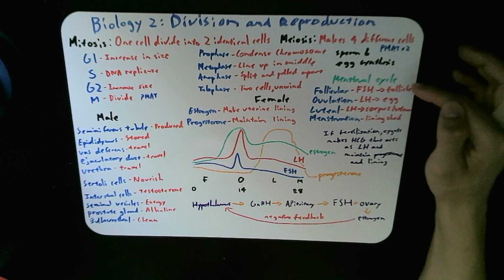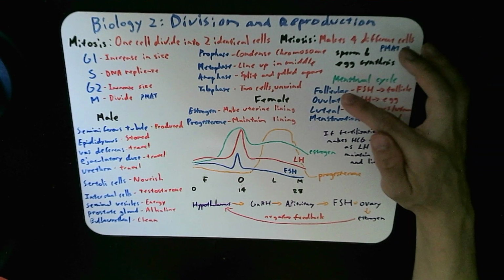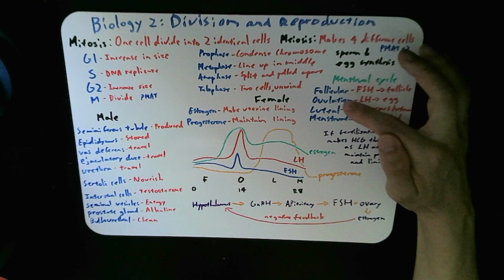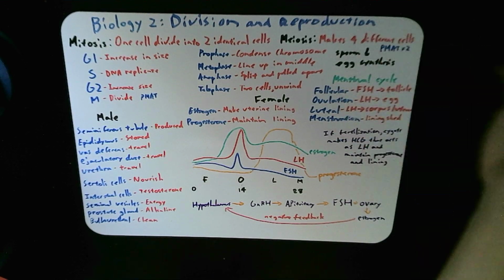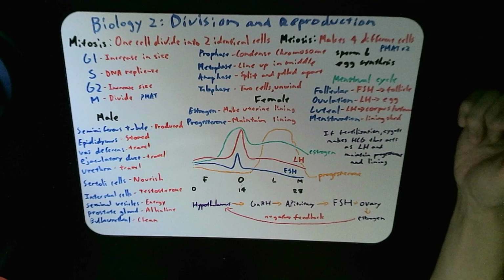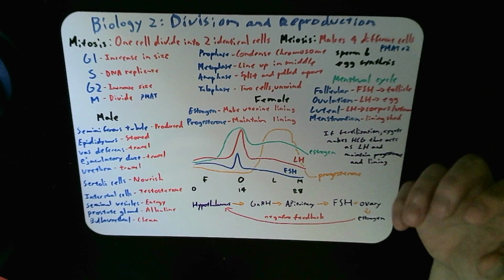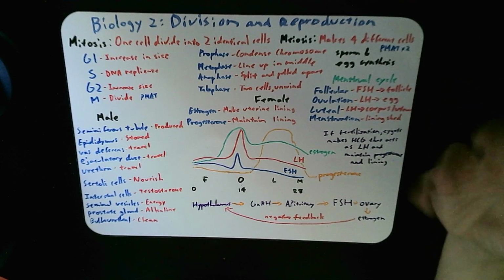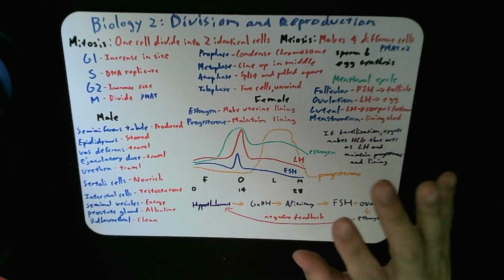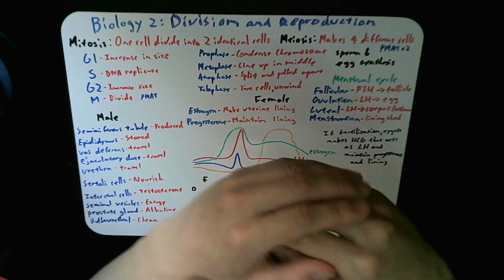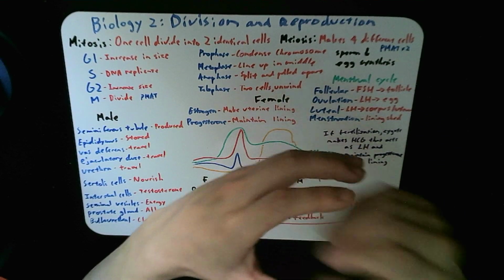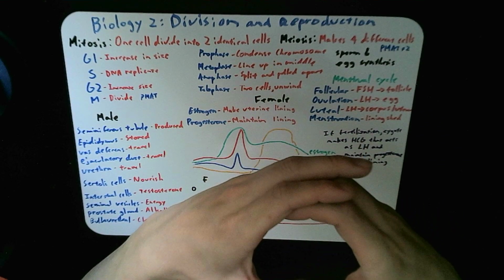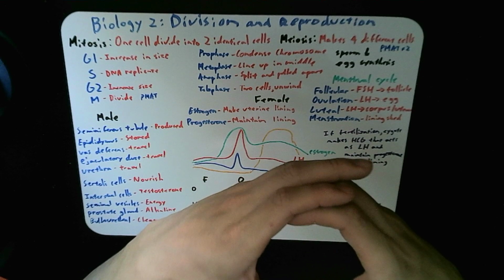So in female, we have the menstrual cycle from follicular phase, ovulation phase, luteal, and menstruation phase. In follicular phase, the ovary is stimulated by the follicular stimulating hormone, and it stimulates the formation of a follicle. So what that means is it forms a little bump and allows the egg to mature to metaphase 2.